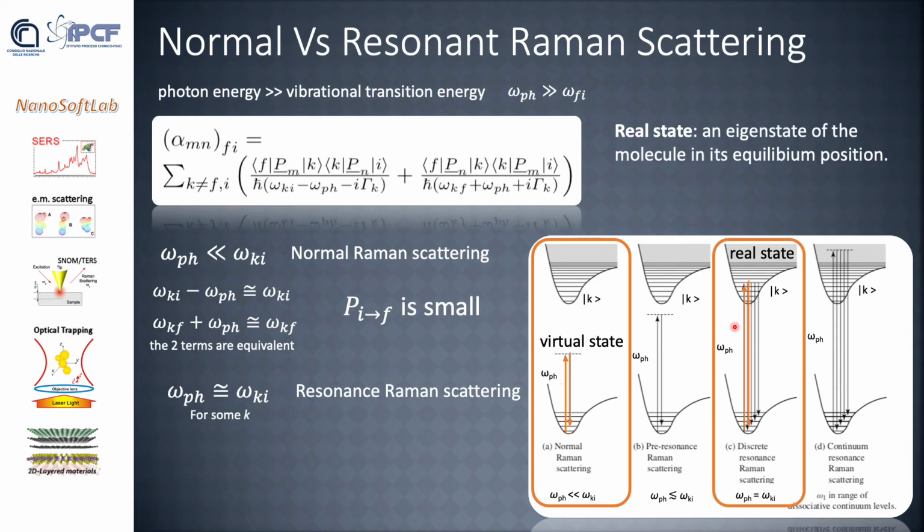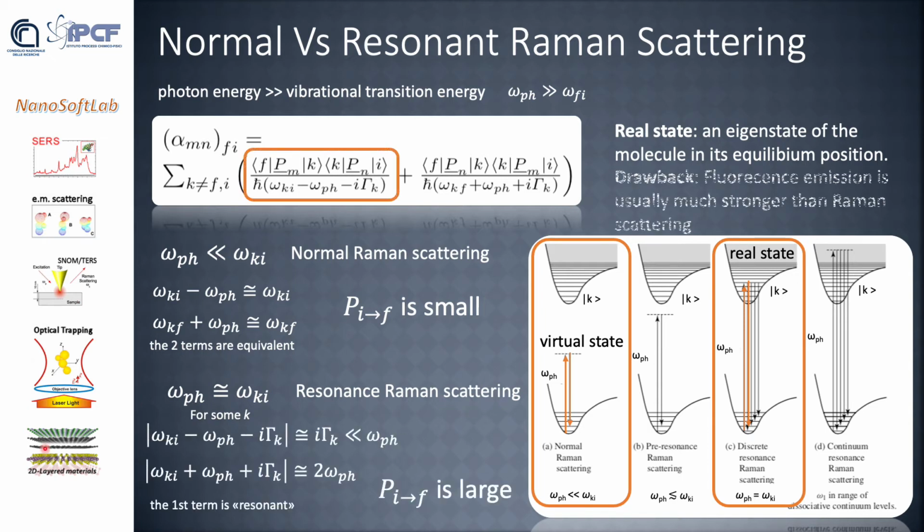Different is if the energy of the photon is capable to bring our system to some excited real energy level. In this case, we have some absorption, so the system is brought to a real state, and we have the so-called resonance Raman scattering.